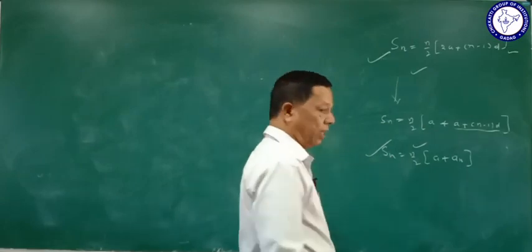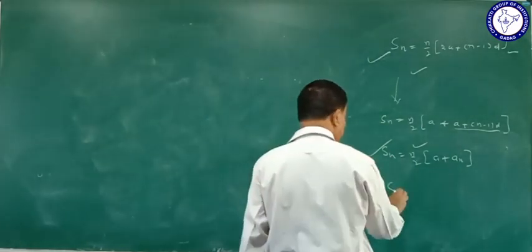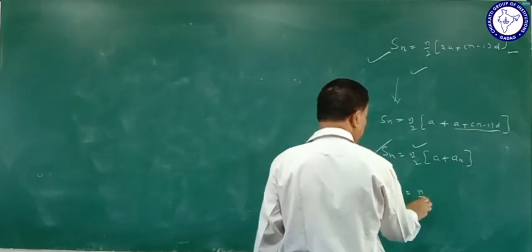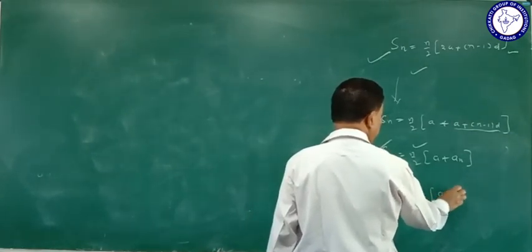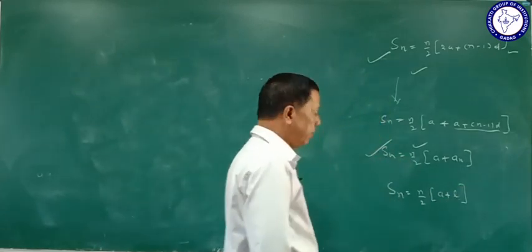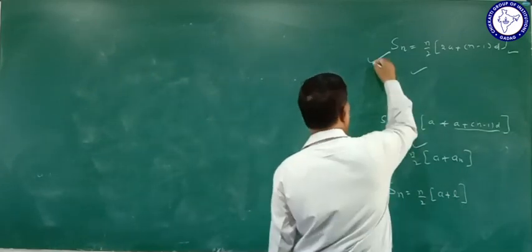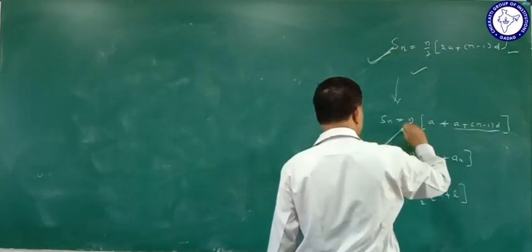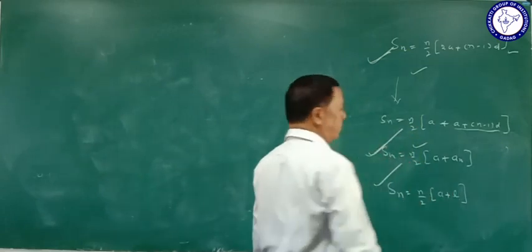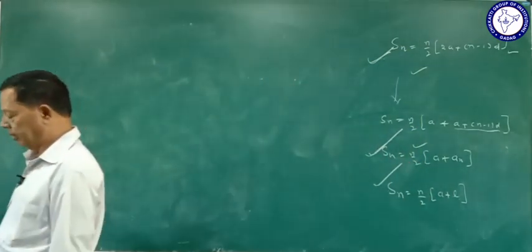One more form is there, that I am also going to tell. Sn is equal to n upon 2 into a plus l, we write. L is also the nth term, meaning the last term. But the question arises: when is this formula used? That is important for you to understand.